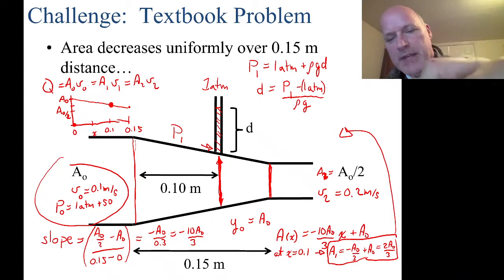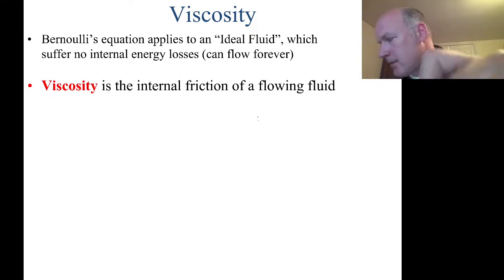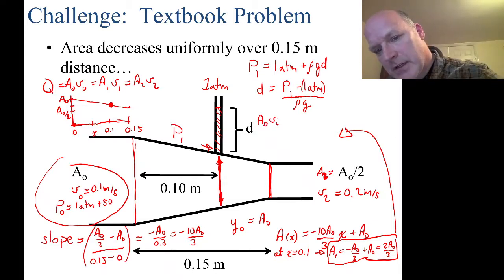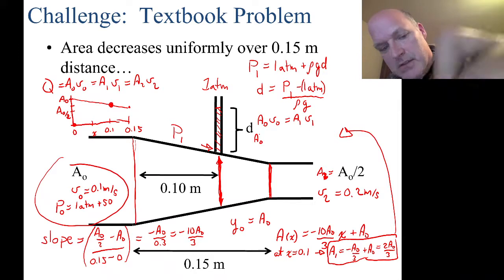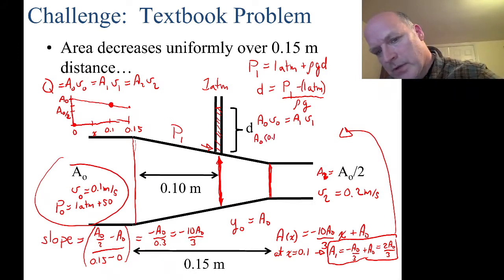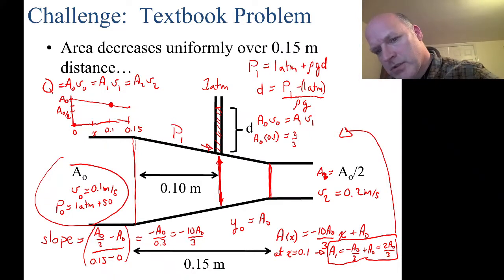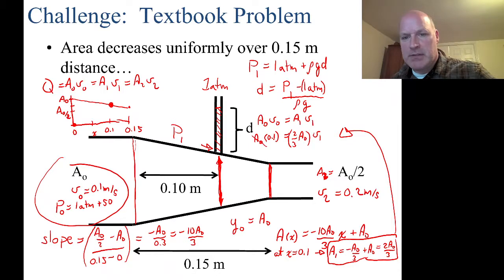So we can say that area naught, velocity naught is equal to area 1, velocity 1. Area naught, 0.1, is going to be equal to 2/3 A naught V1. The A naughts cancel.